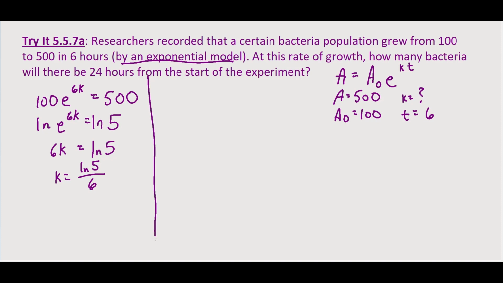And now A naught, we're starting with 100. The only difference is that now we're going to have our K, and we're going to be looking for the ending amount. So we have A naught is 100 times e to the K, which is the natural log of 5 divided by 6, times T. Well, we're given now 24 hours, so this is times 24.